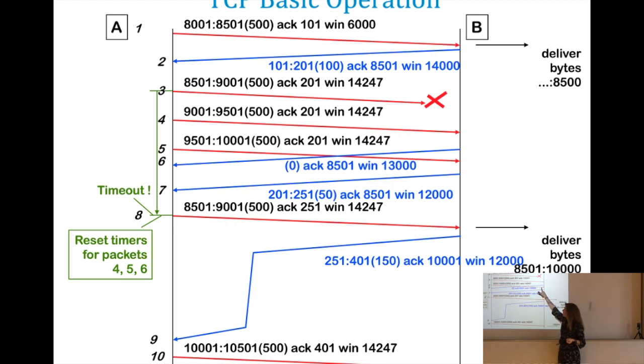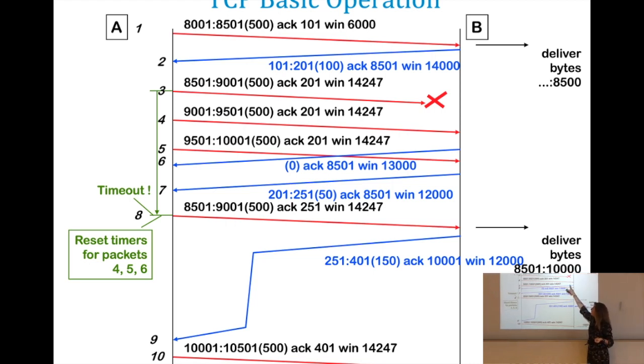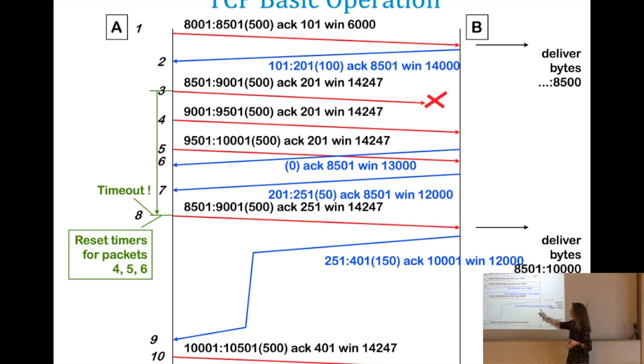When he receives this third packet, he sees that this one is still missing, so he sends again an acknowledgement for the first packet, in case A does not understand that he needs to retransmit the lost packet. Once A has received 3 duplicate acknowledgements, a number that can differ depending on the process that uses TCP, but typically it's 3 duplicate ACKs, it will know that something's wrong and it will resubmit this lost packet.